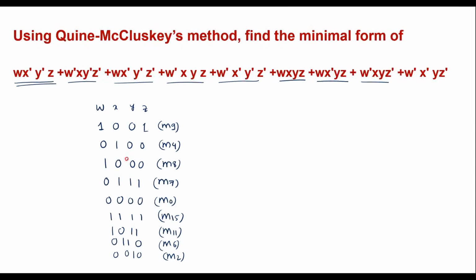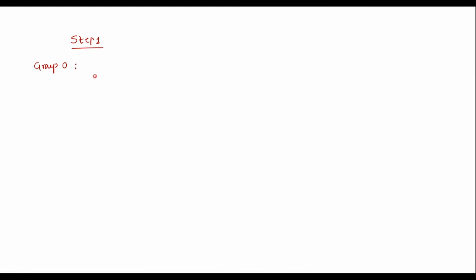In group 0, I will consider the numbers which have only zeros. So here M0, that is 0, 0, 0, 0. Let me write the 4 variables W, X, Y and Z. So group 0 is over.